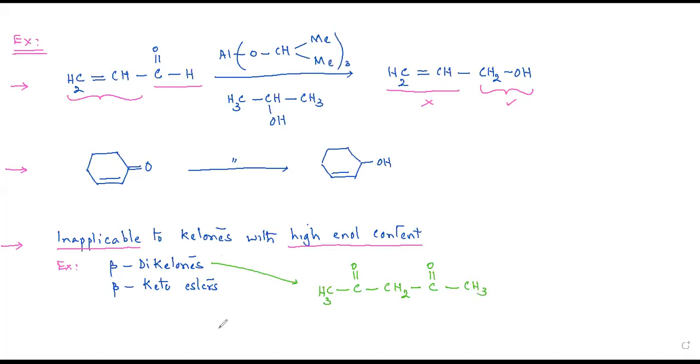It is pentane-2,4-dione, a diketone with more enol content when compared to the beta keto ester. You can see the order of enol content in GOC, I mean the tautomerism part.